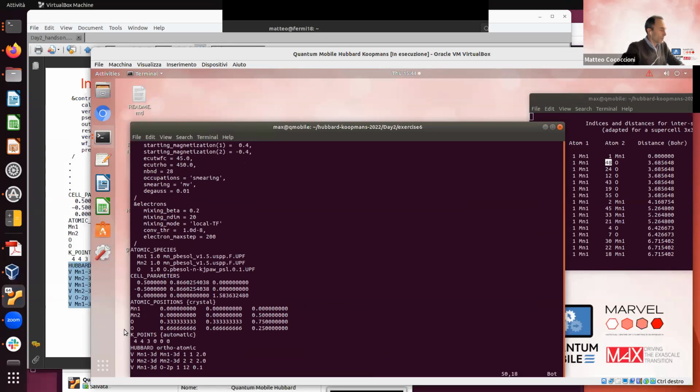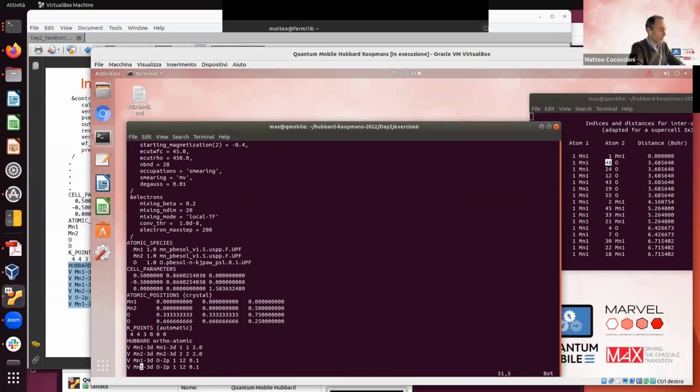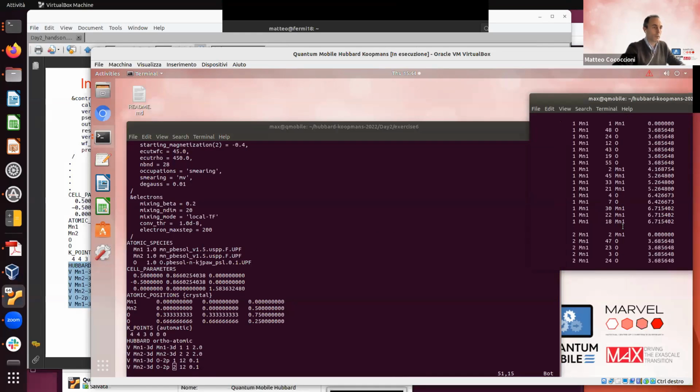And now, since the second manganese is of a different kind, I also have to indicate a V between this manganese and one of its oxygen neighbors. So I copy this line, I do manganese 2, that would be 2. And then I go here and pick a number for the second manganese. So let's say 2, 3. 3 is good.